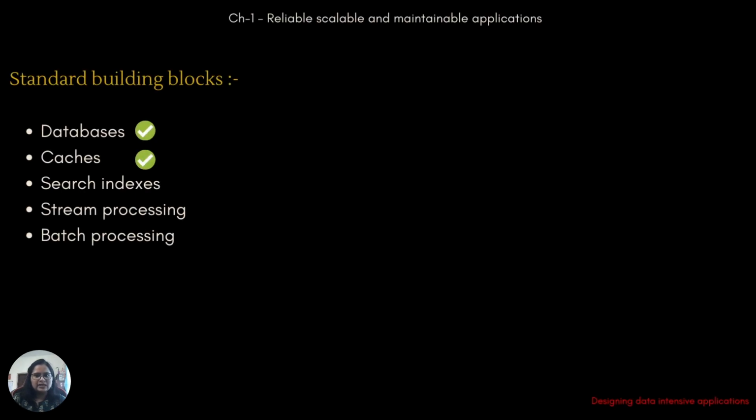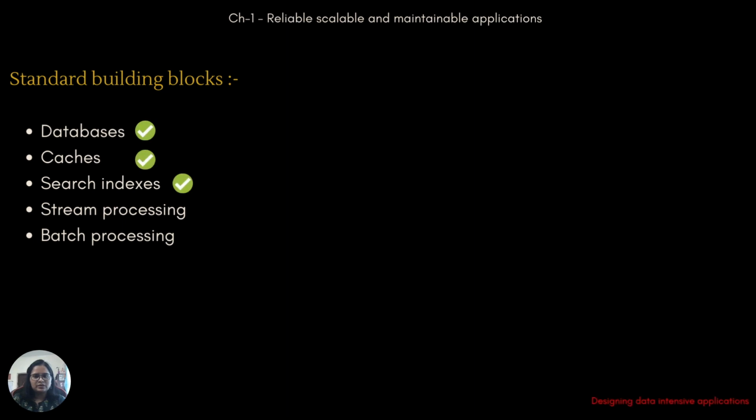The next challenge is to allow users to search data by keyword or filter it in various ways. Search indexes are used as the main building block. When we say parallelism plays an important role in data intensive applications, what exactly is the meaning of that?